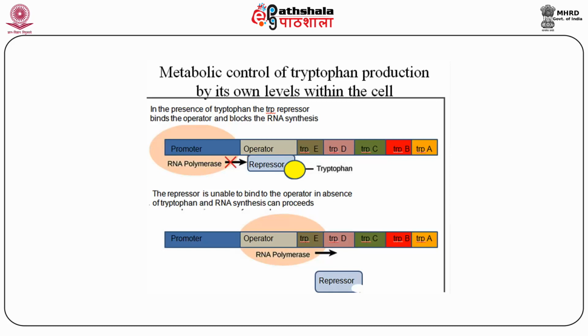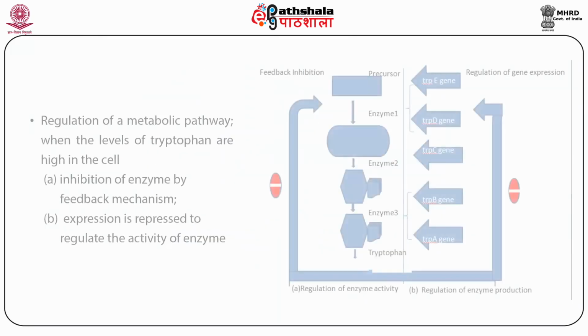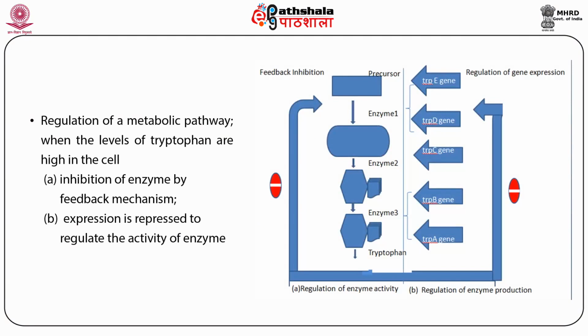The tryptophan operon presents an example of how changes in the cell's internal and external environment are able to regulate gene expression. Regulation of the metabolic pathway when the levels of tryptophan are high in the cell happens in two ways.